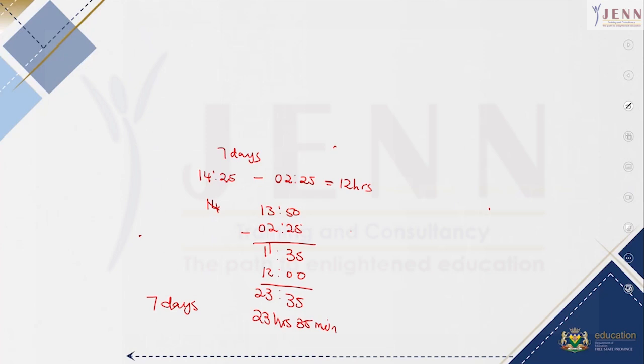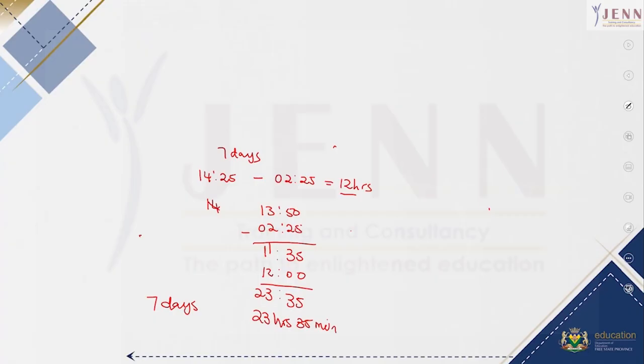So that's why it's not a full day, it's 23 hours, 35 minutes, because from 10 to 2 in the afternoon minus 2 in the morning is only 11 hours and 35 minutes. So you add those 11 hours from morning to afternoon to that 12 hours, and it gives you 23 hours and 35 minutes.